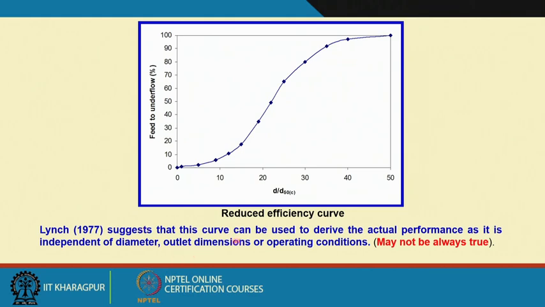So, what is happening when you plot it like this? Professor Lynch suggests that this curve can be used to derive the actual performance of a cyclone, as it is independent of diameter, outlet dimensions or operating conditions. That is, this reduced efficiency curve is independent of the operating and design parameters.